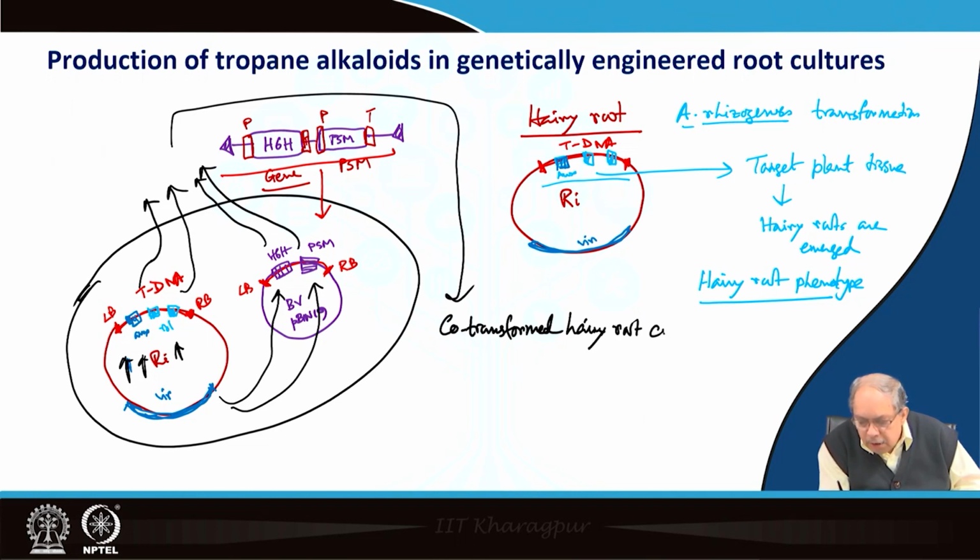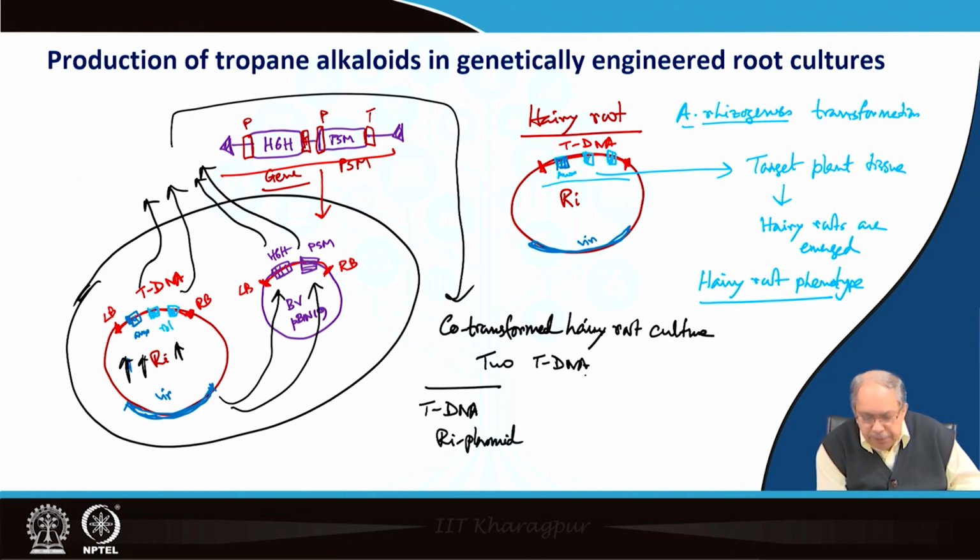Co-transformed hairy root culture can be developed, which is basically coming from two tDNA. One is its own tDNA which originates from the RI plasmid, and the other one is basically the binary vector tDNA which contains the H6H.